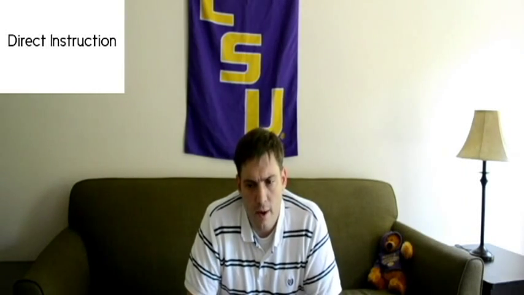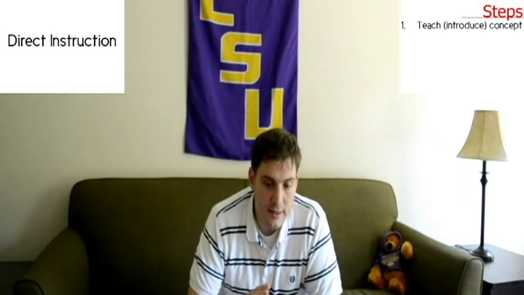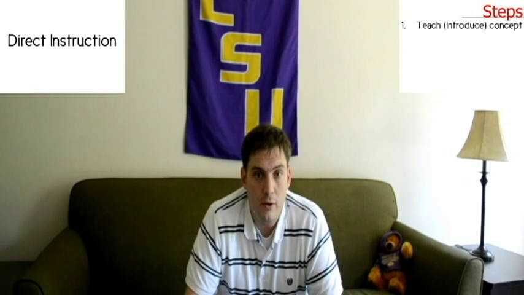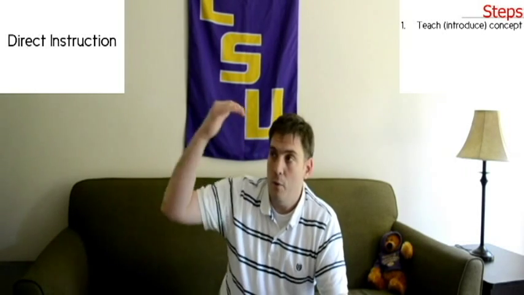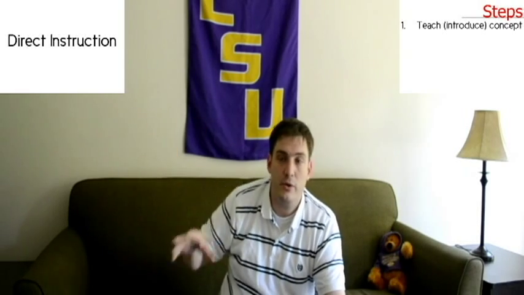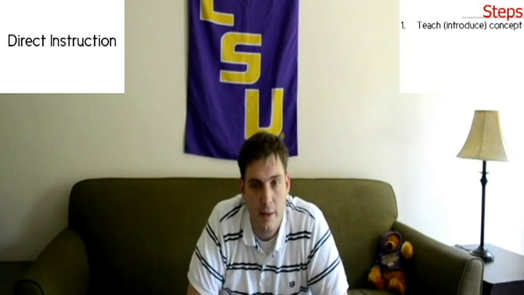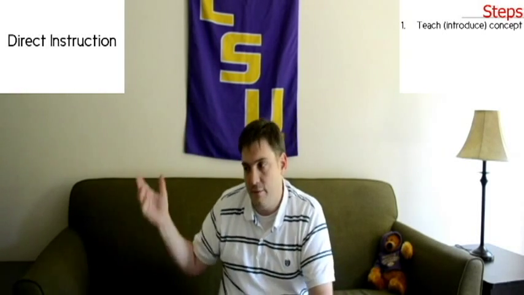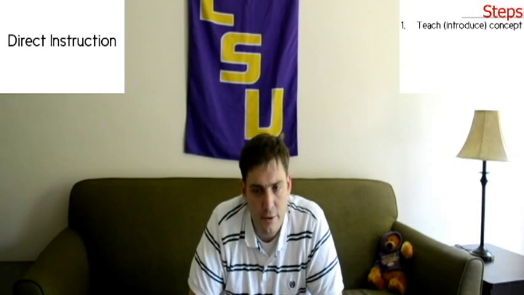So, what are the steps of direct instruction? Well, the first step is that the teacher very explicitly teaches the skill. They explain what the steps of multiplication are when you're doing 2-digit by 1-digit multiplication, or they explain the sounds associated with a particular phonics sound.